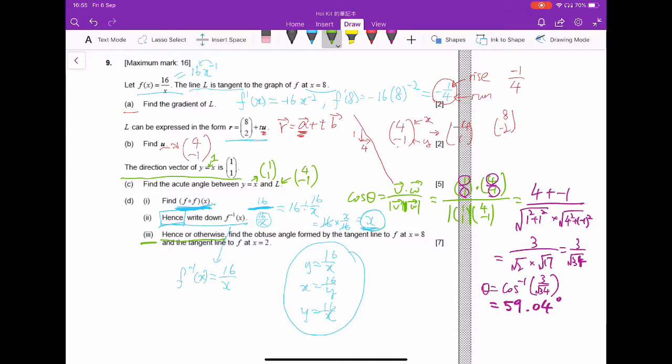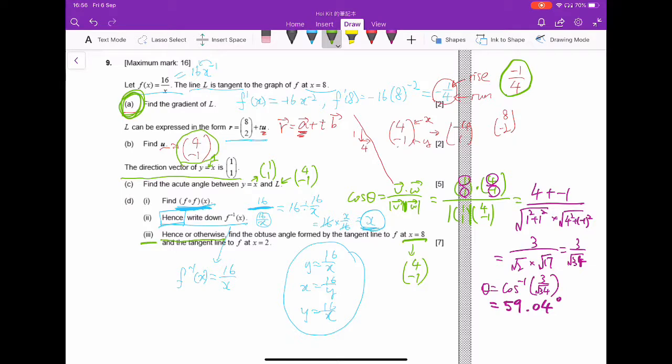So from above, with part A, we know that when x is 8, the tangent has gradient -1 over 4. We also know that means the direction vector for that line would be (4, -1).